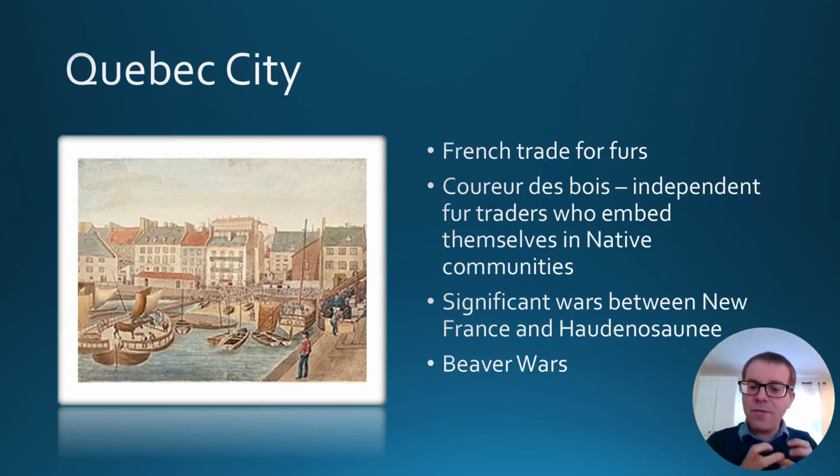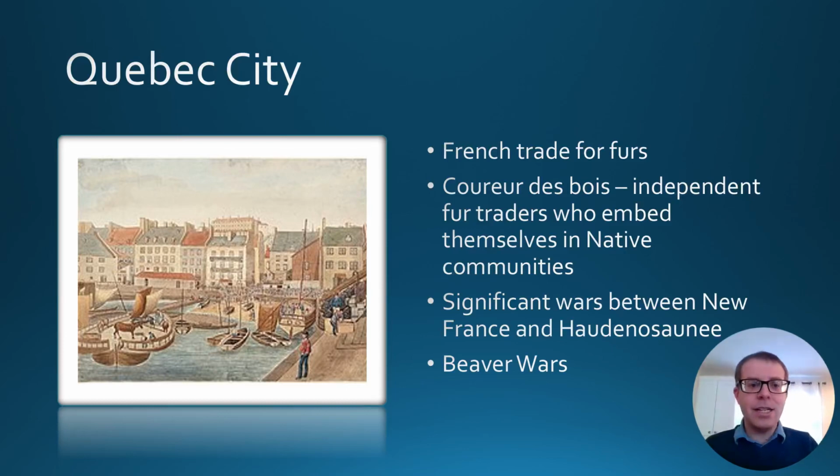But the French find themselves intermeshed very quickly in indigenous politics in the region, and find themselves allied not only with the Hurons but also with other Algonquin groups who for a long time had been fighting with the Haudenosaunee, or the Five Nations, which I briefly mentioned in a previous lecture in Unit 1.